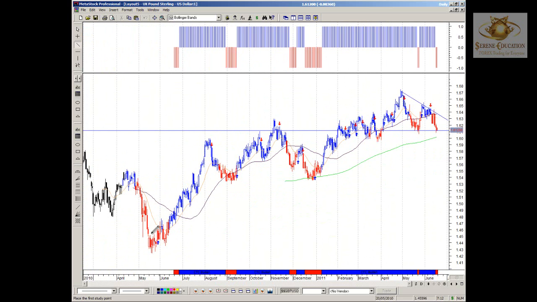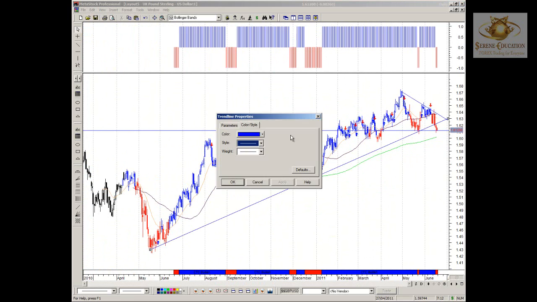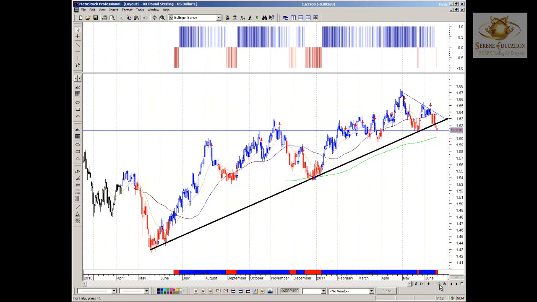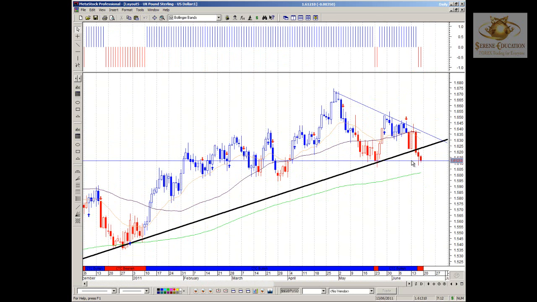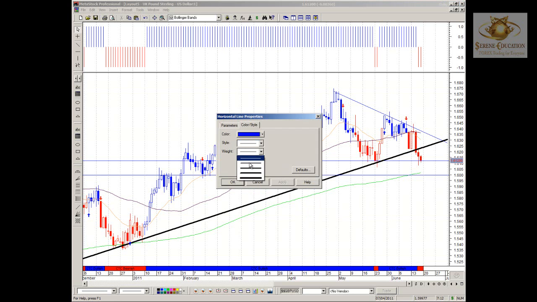You'll notice if I scroll right out, you can see that price has broken through that major downtrend, or uptrend, apologies, and is now testing the next target of the swing to the left that we saw in the mid part of May of this year, and a break below that would see this pair going towards the 1600, which is our long-term support and resistance.